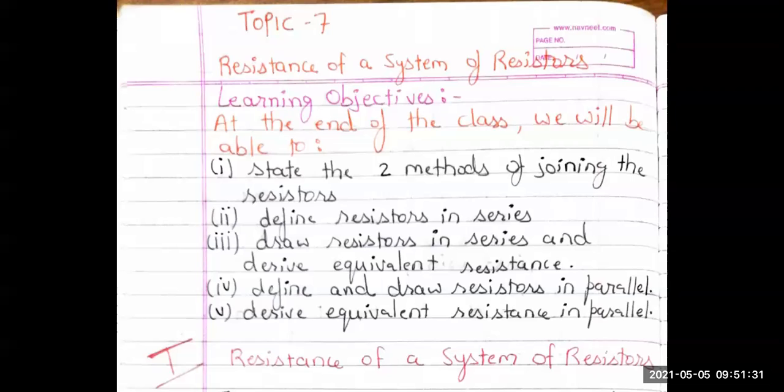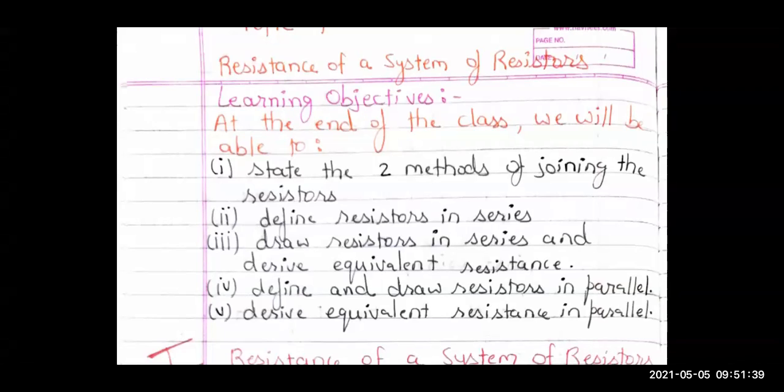Our today's topic is resistance of a system of resistors. Resistors are the material which are going to oppose the current, which are going to oppose the flow of charge, right?